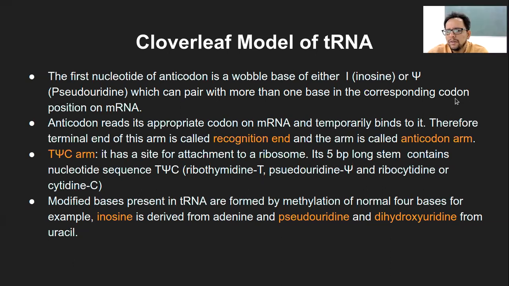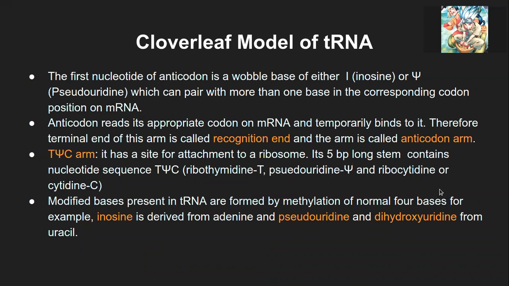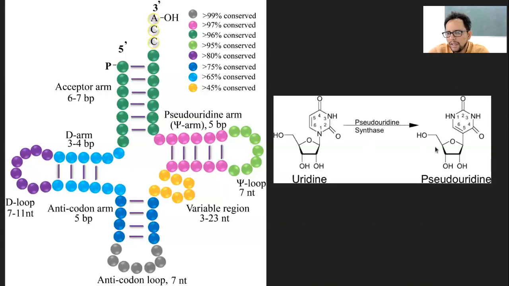It's like there's a purine and there's a pyrimidine. A purine has hydrogens sticking out and the pyrimidine has an oxygen, let's say. So they form a bond. But if both have oxygen or both only have hydrogen, then there won't be a bond, right? No, but that is never the case. In each and every case, for example, this is pseudouridine.